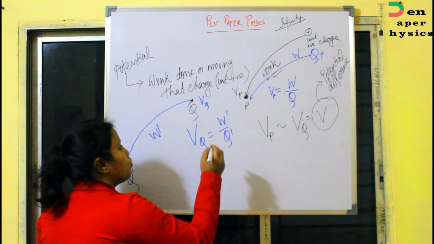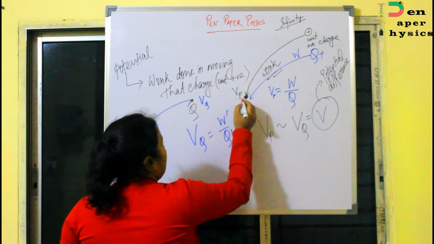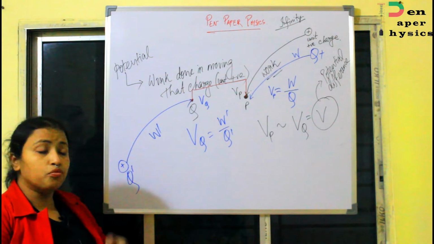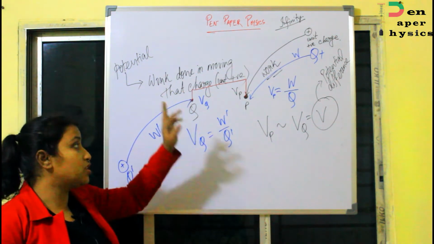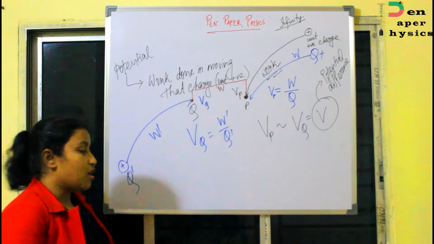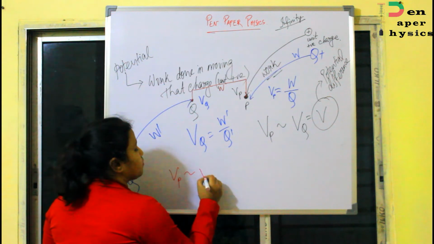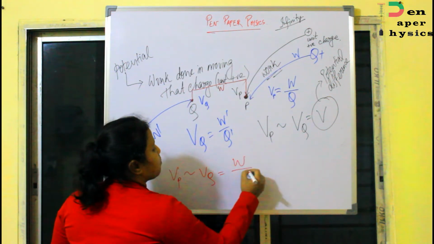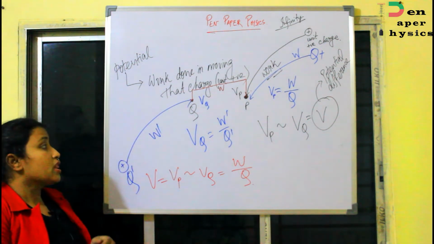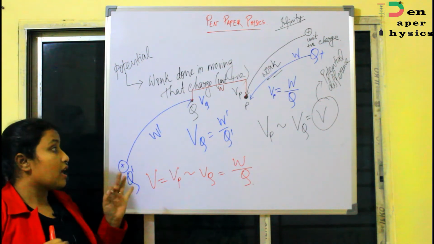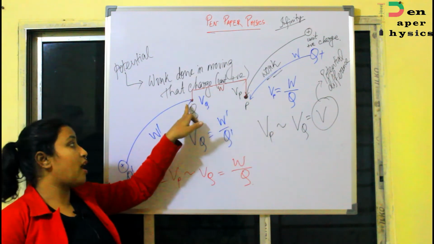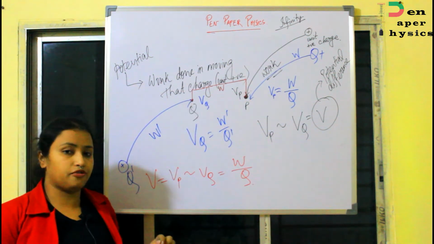Now if I want to move the charge from P to Q, I am trying to move that unit positive charge from P to Q, and the work done over here is W. So the potential difference is work done per unit charge, known as V. That means the amount of work done in moving a unit positive charge from one point to another is called potential difference.